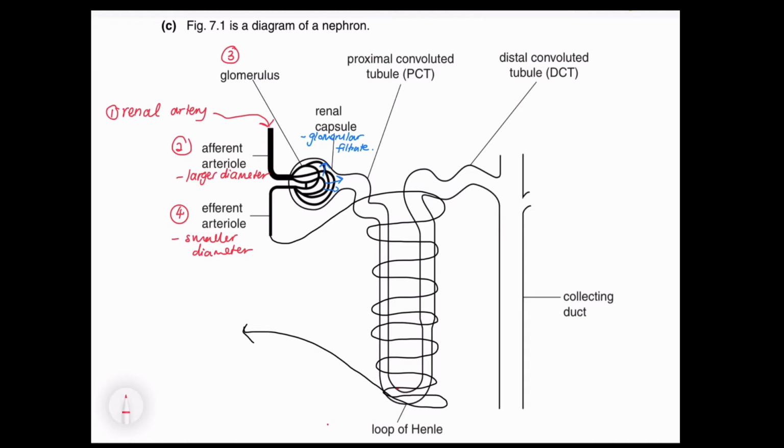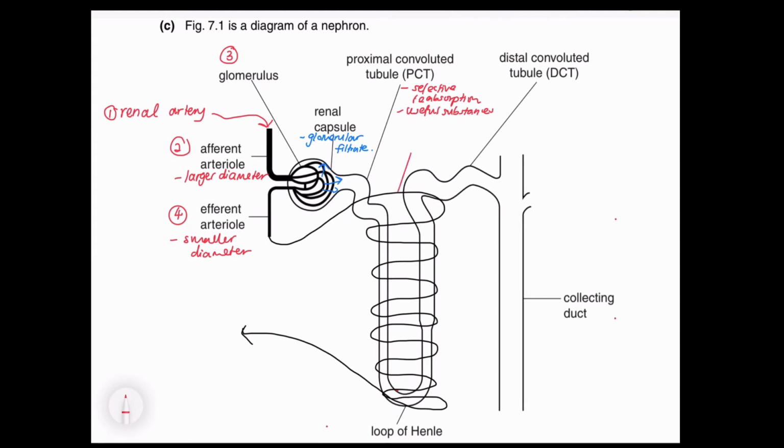What is the role of the PCT? The PCT is in charge of selective reabsorption, where all the useful substances will be reabsorbed, such as glucose, amino acids, ions, and the majority of the water will be reabsorbed here. This blood vessel surrounding the PCT and the DCT is known as the peritubular capillary.